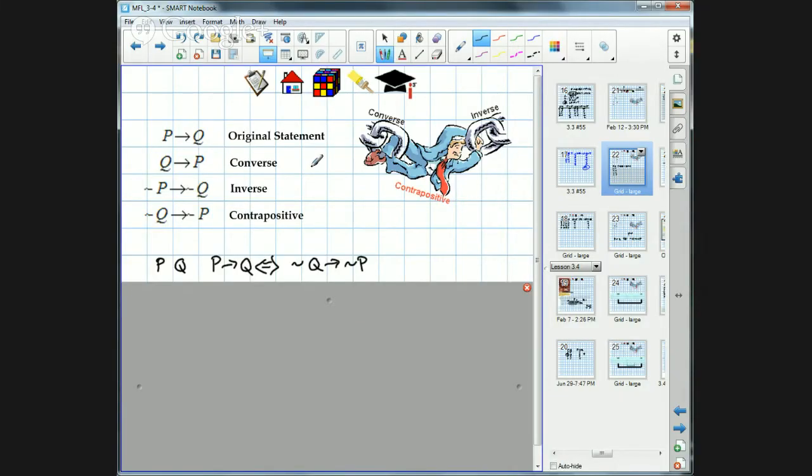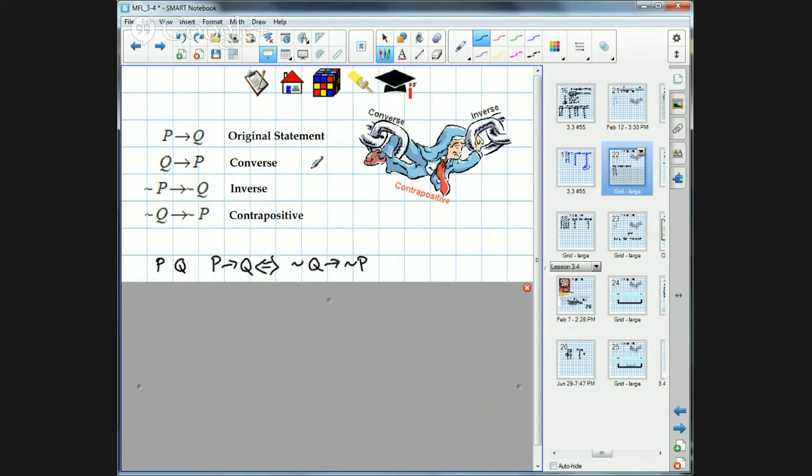Now, let me give you an example of that. Here's an if-then statement: if it rains, then the sidewalk will get wet. What happens if I turn that around? If the sidewalk gets wet, then it rained. So you're saying the same thing, just a different way.